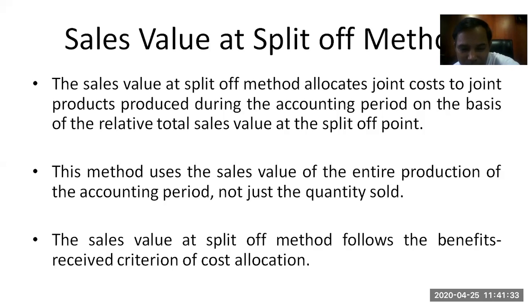So we are not allocating this joint cost on the basis of quantity sold, but on the basis of production, that is the number of units produced. The sales value at split off method follows the benefit received criteria of cost allocation.